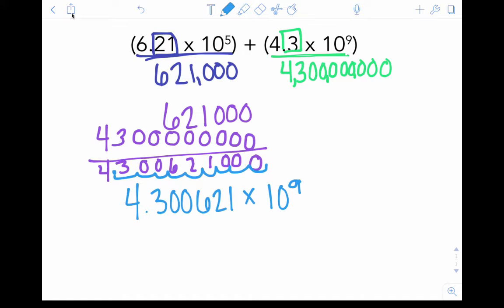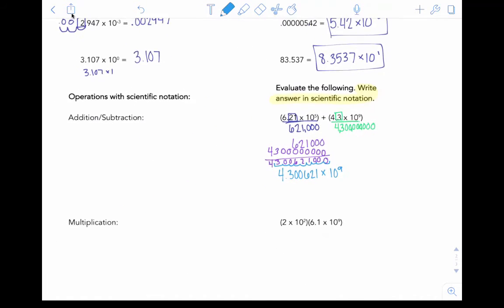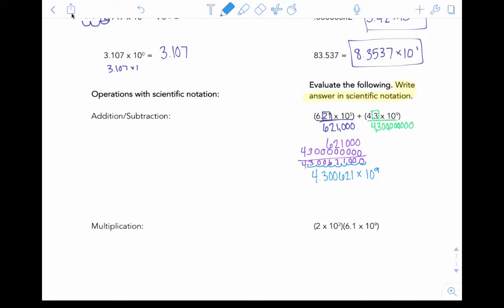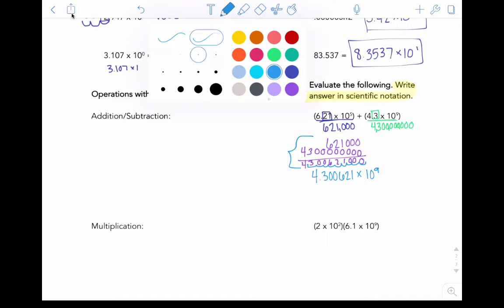So this answer is 4.300621 times 10 to the 9th. Okay, you're going to do the same thing for subtraction, except right here in this step, you're going to subtract instead of add.